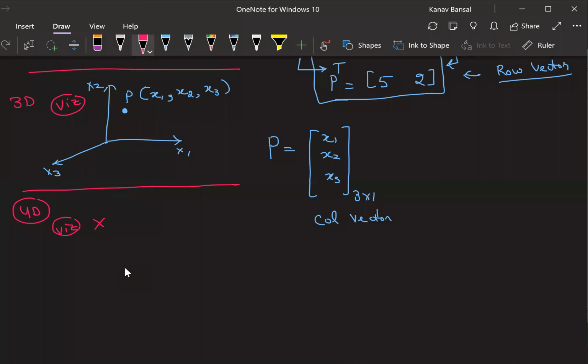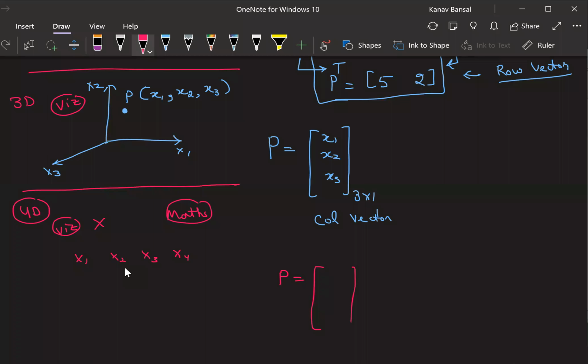So in order to visualize these things, we have maths. The best part is, theoretically speaking, let's say we have four dimensions: the first dimension is called x1, the second x2, then x3 and x4. And I want to have some points in these four dimensions.